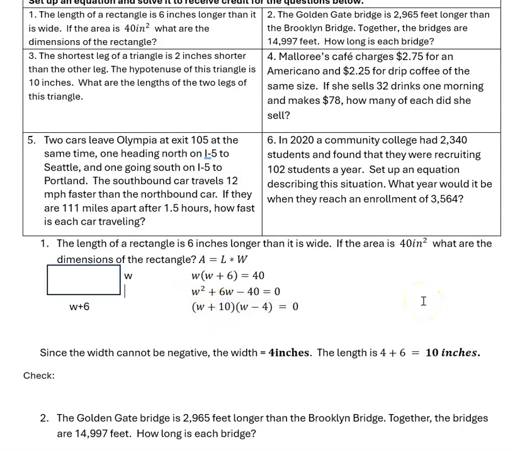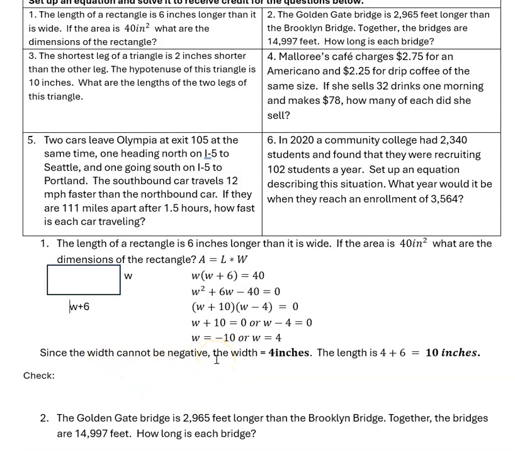We're going to get (W plus 10)(W minus 4), because we wanted positive 6, and our last 2 numbers have to equal negative 40. And then we're going to solve this by setting each of these equal to 0. So W plus 10 equals 0 or W minus 4 equals 0. I can see I didn't actually cover that answer up earlier. That's fine. If I solve both of these, I get W is negative 10 or W is 4, and the width cannot be negative.